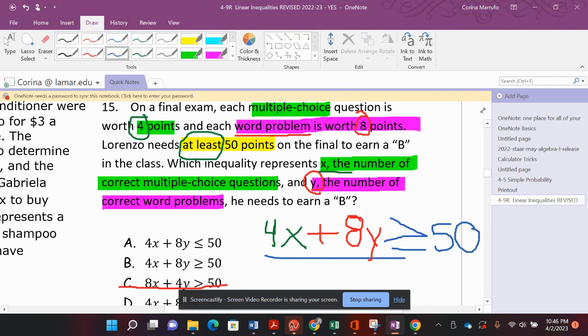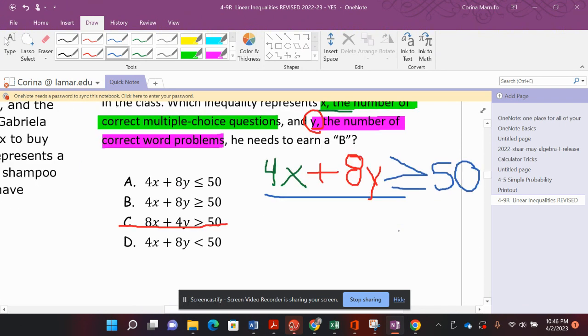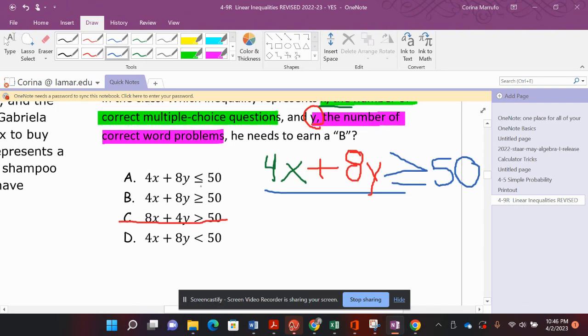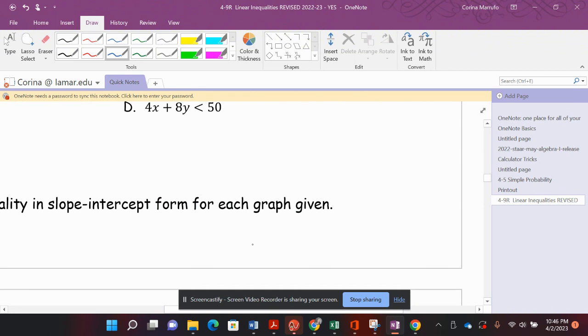So si dice at least, lo menos que va a querer es 50. Lo menos. So sí va a ser feliz con los 50, but that's why it has to have the equal to sign. But it needs to be more than 50. So that's the least amount that they'll take. Okay, so that's why the little arrow is pointing at the 50, because that's at least.